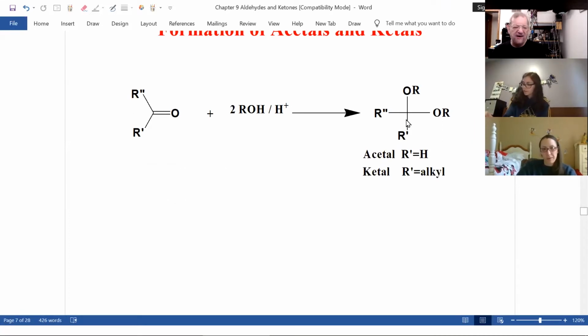Again, keep your eye on the carbonyl carbon, because that's where all the fun is. Let's take a look at this. Another problem, I'll let you try.